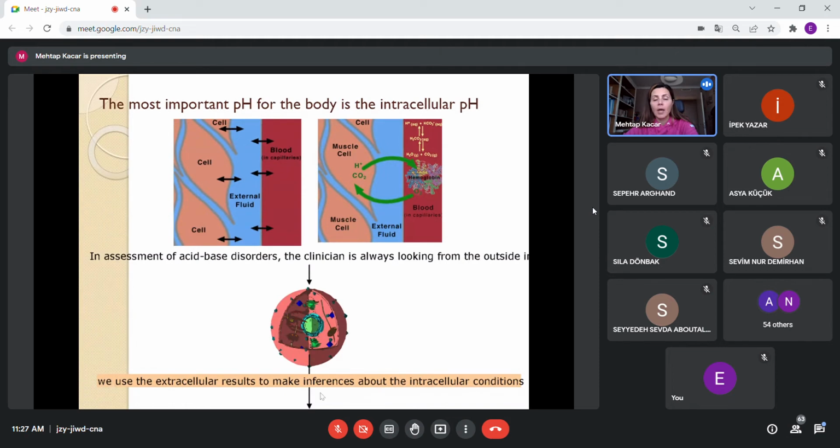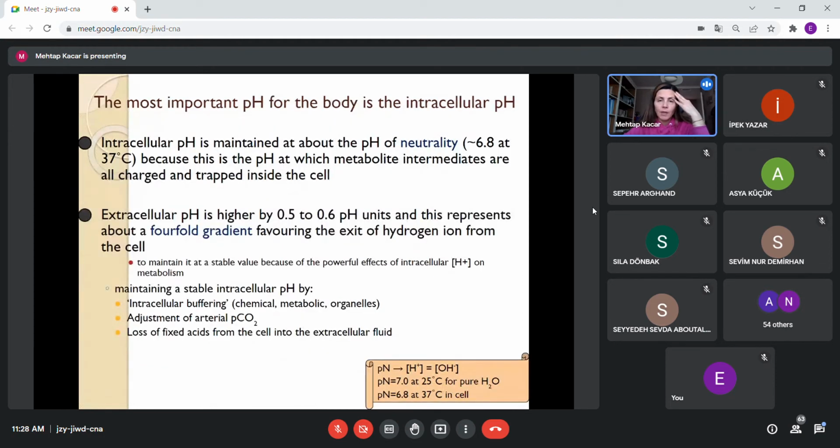We use extracellular results to make inferences about the intracellular conditions, but we cannot evaluate the intracellular acidic environment or pH situation because we have billions of cells and we cannot calculate the whole intracellular pH. Of course, we have only one chance, extracellular fluid pH evaluation.